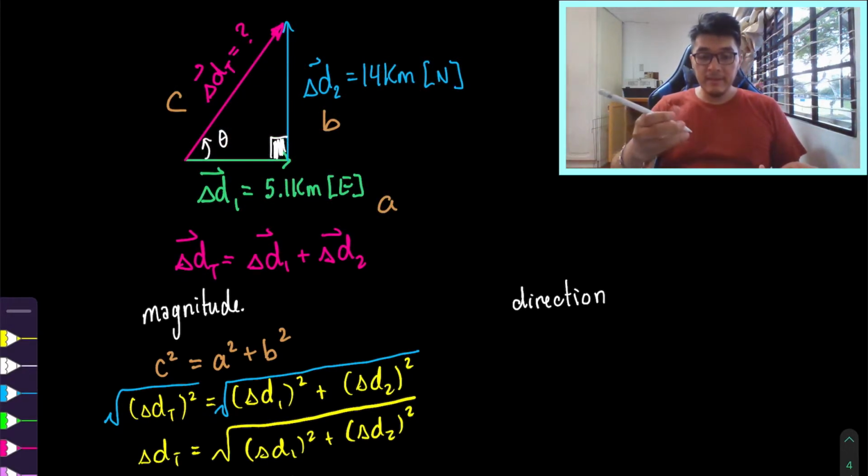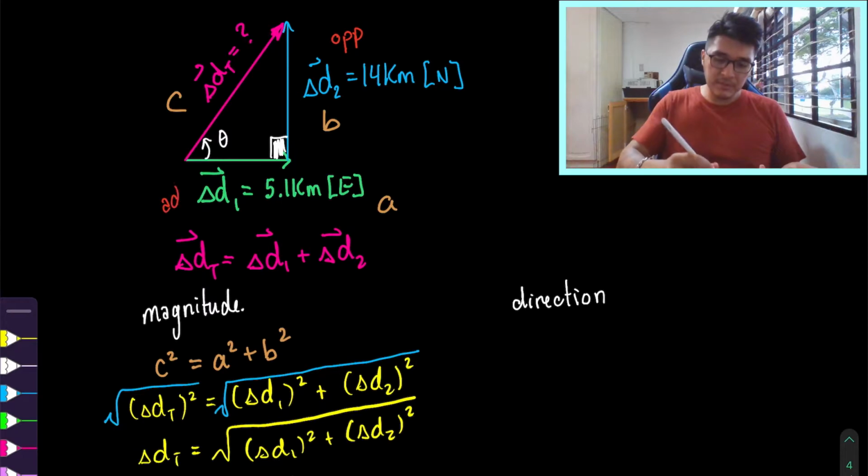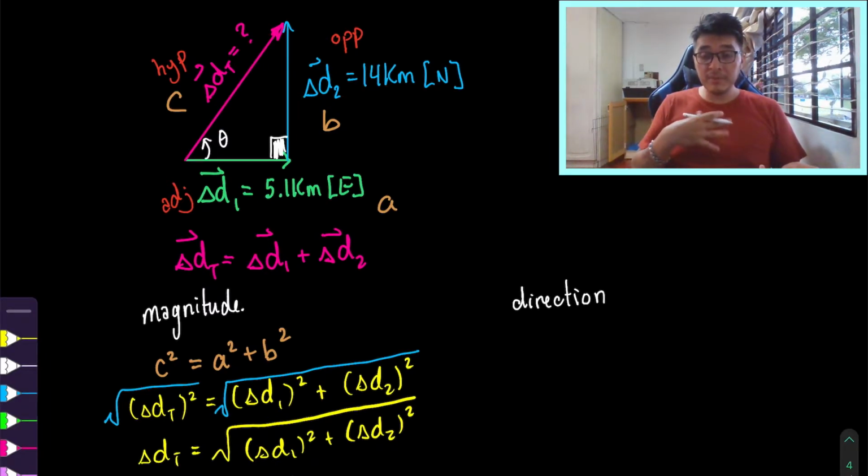Red. So from the angle theta, we can label this triangle opposite, adjacent, and hypotenuse. We have all sides of the triangle, but my preference is to use the tan ratio for this. So tan theta is opposite over adjacent.